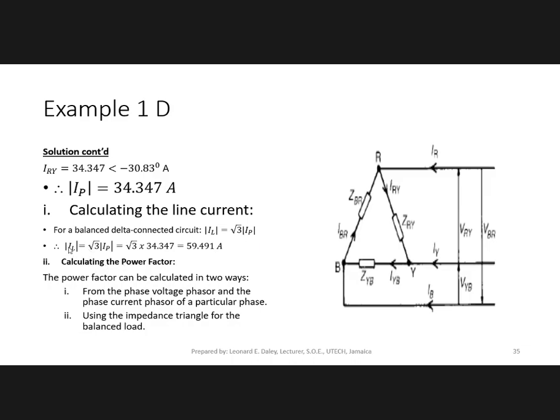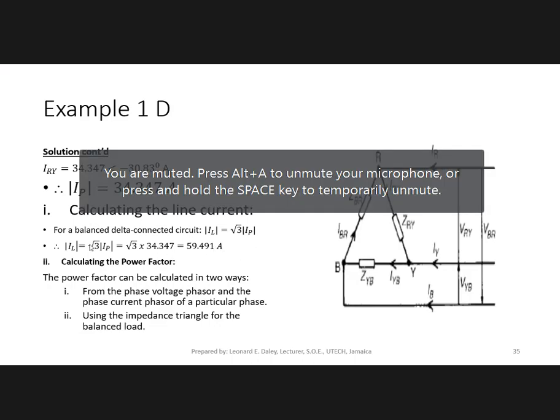So IL is equal to √3 I phase. So √3 times 34.347 gives us 59. So the magnitude of the line current is 59.491 amps. All right. So that would have answered the first part of the question.